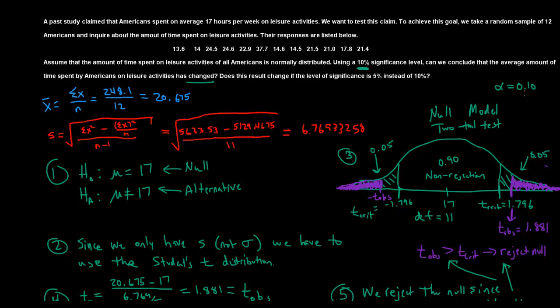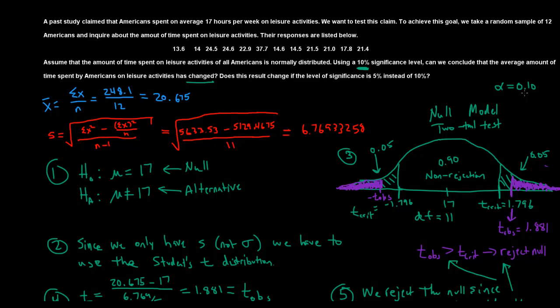Well, we did that and found they spent 20.675, which is almost 4 hours higher than what the previous study had said. Okay, so we want to know, is that a fluke? Did that happen just due to random sampling error? Or is it due to the fact that there is a trend that people are spending more time on leisurely activities than they were when the previous study was conducted?